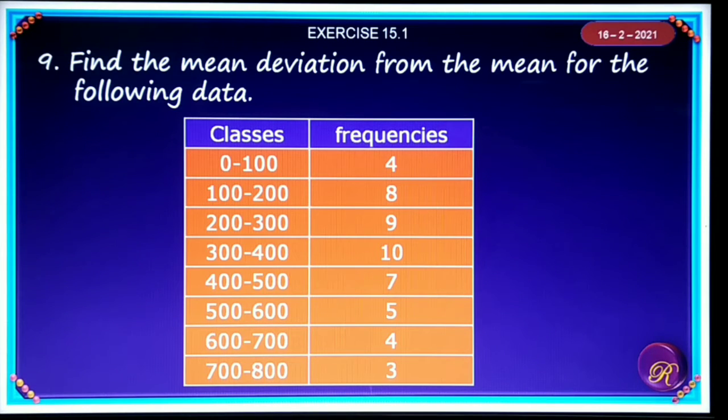Find the mean deviation from the mean for the following data: classes 0 to 100, 100 to 200, 200 to 300, 300 to 400, 400 to 500, 500 to 600, 600 to 700, 700 to 800. Corresponding frequencies are 4, 8, 9, 10, 7, 5, 4, 3.